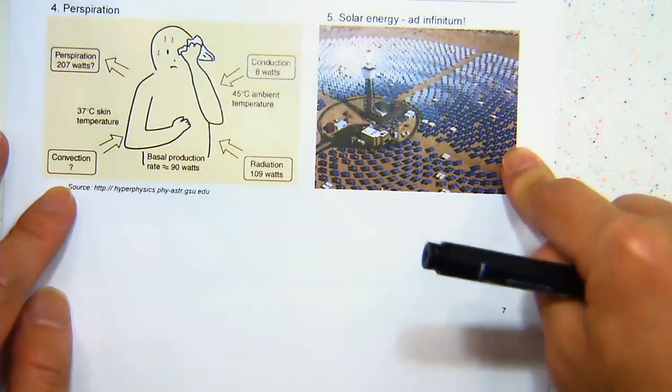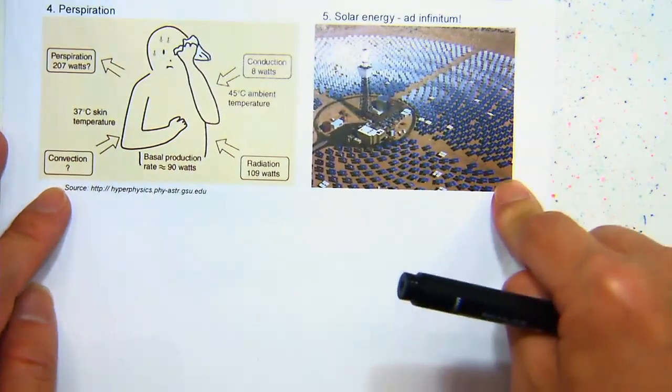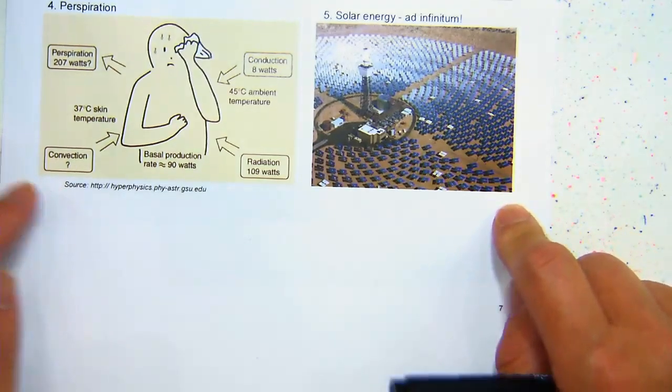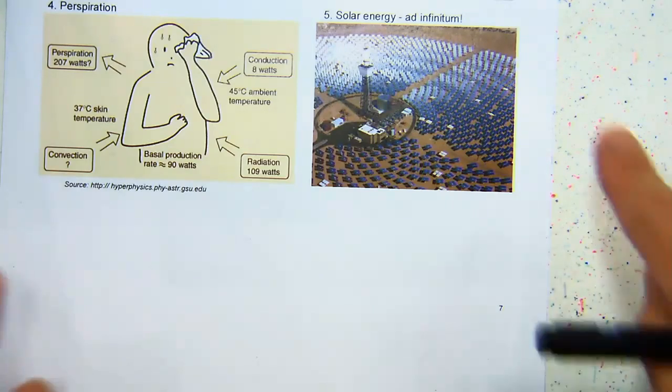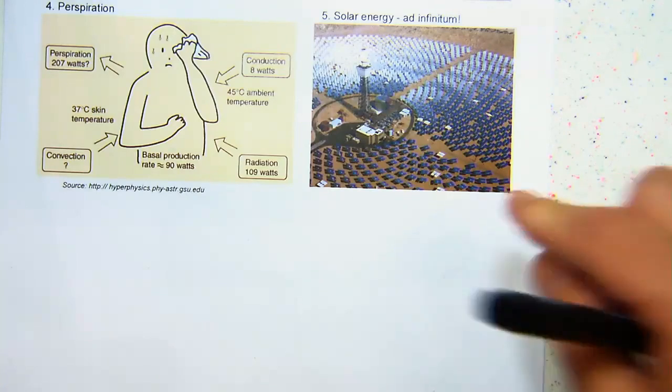So this is an example of radiation, particularly solar radiation. What's shown here is the solar panel, which directly converts the radiation to electricity. But in many cases, you can also convert that radiation to heat, and use that to heat water. Actually, the solar energy is a very large amount.